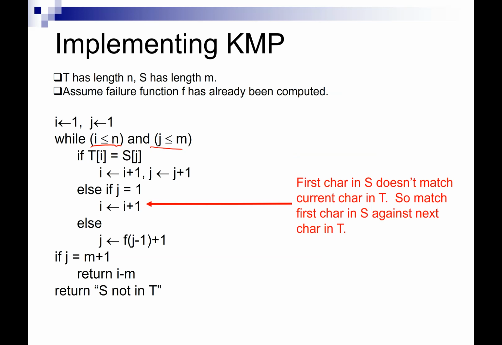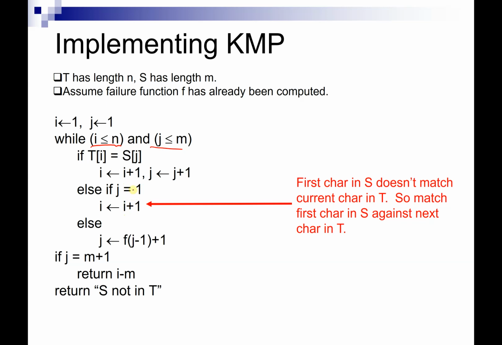The first subcase is that if j equals 1, that means we're still on the first letter of s. The very first letter of s mismatched to the ith letter of t. In that case, we just move on to the next letter of t and try to again match the first letter. So we keep j the same, still matching the first letter of s, but to the i plus first letter of t.